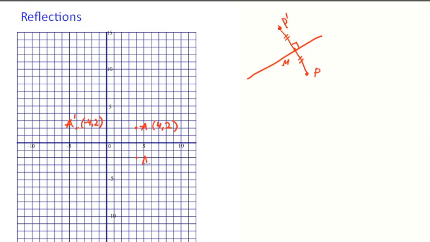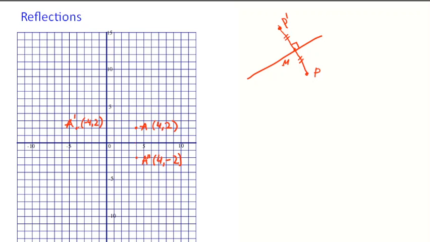So I'll call this, I don't know, A double prime. It would be (4, -2). So now the value which has flipped is the y value. And it's actually very, very simple to notice, right? It's just like if you have a mirror here, that point would be exactly there. Or if you put a mirror here, you would see this point on that place.